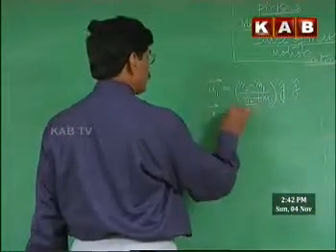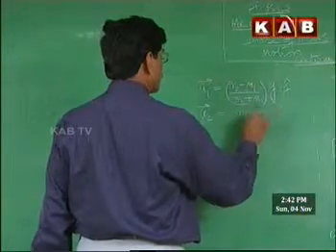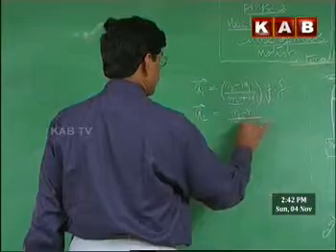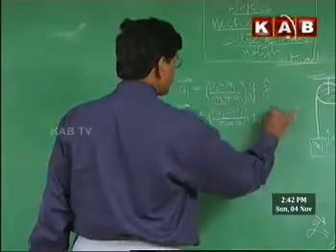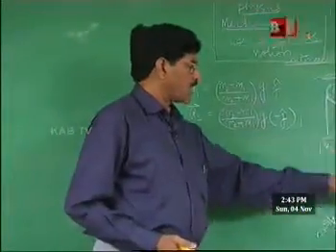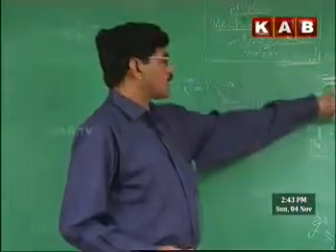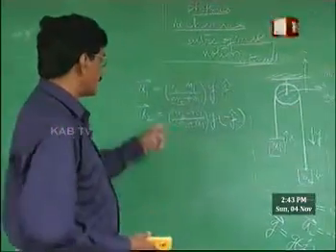Acceleration a2 for this block is (m2 minus m1) by (m2 plus m1) into g minus j. Both are of same magnitude, but directions are different. Upward direction we are taking as positive y-axis, downward direction as negative y-axis.